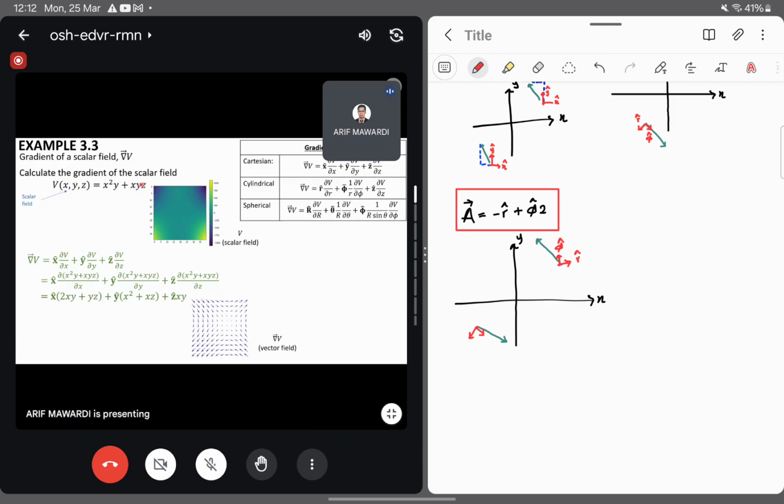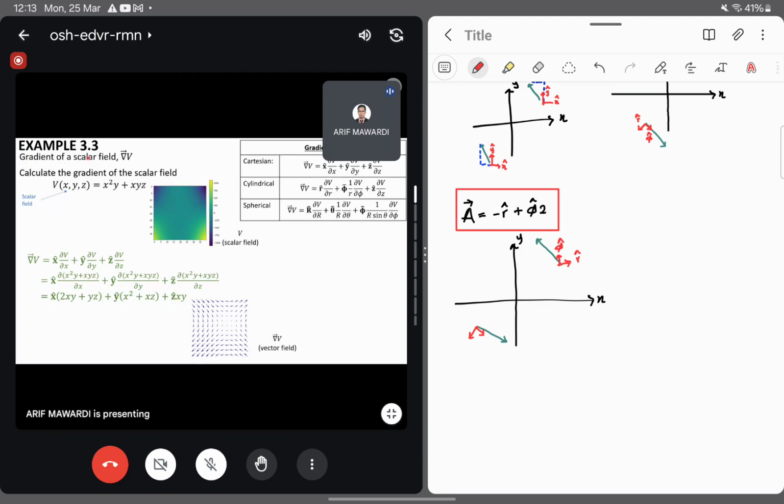Then when you calculate the gradient of the scalar field, you should get a vector field. Now your answer has unit vectors. You need to remember that.